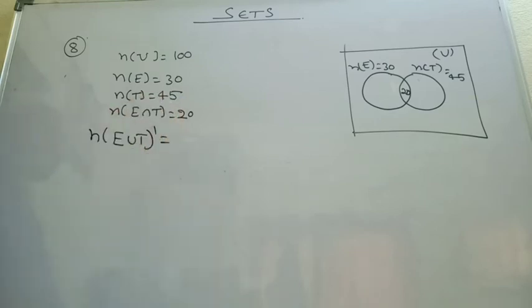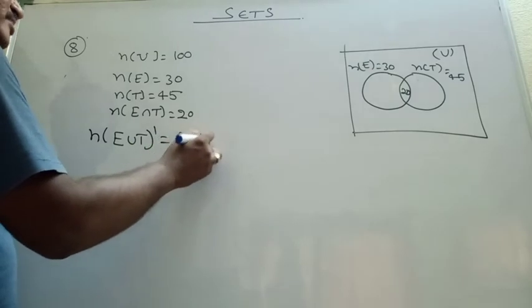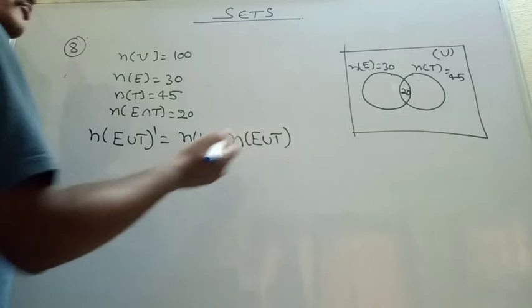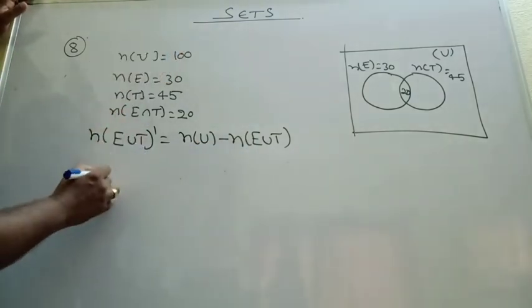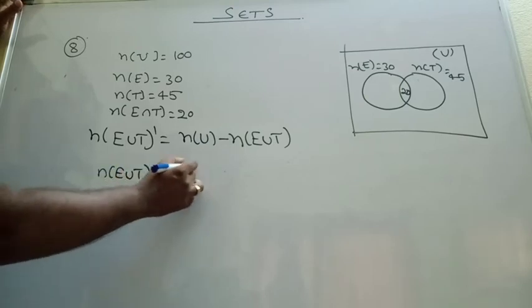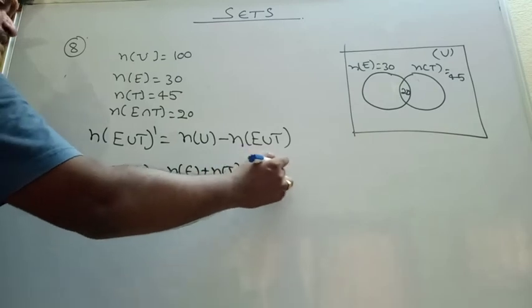Who do not speak either English or Telugu means we want N of E union T whole complement. This is nothing but, my dear student, N of U minus N of E union T. You know how to find, they given N of U, and you know how to find E union T. That means now E union T is equal to N of E plus N of T minus N of E intersection T, like this, right?